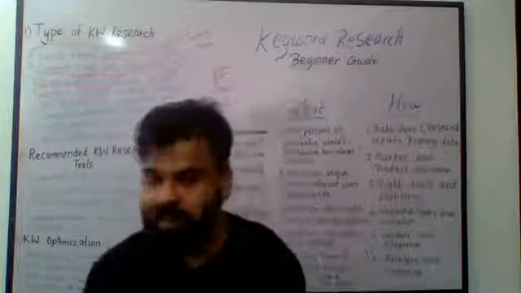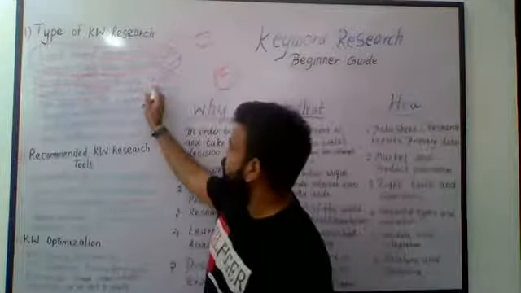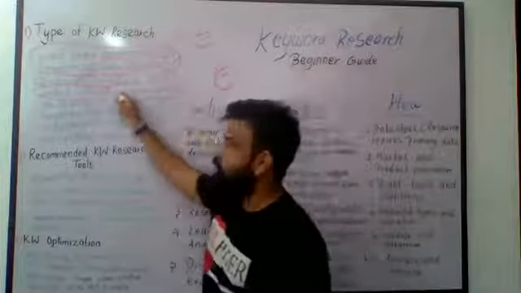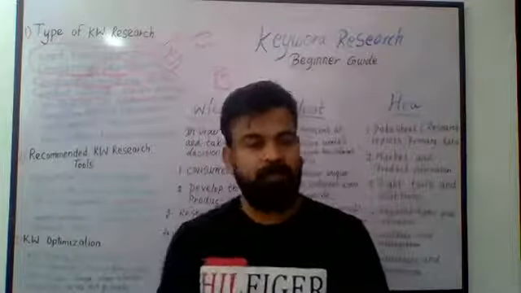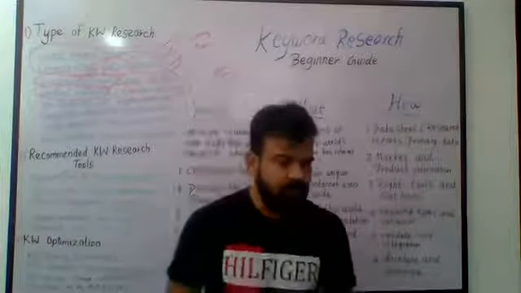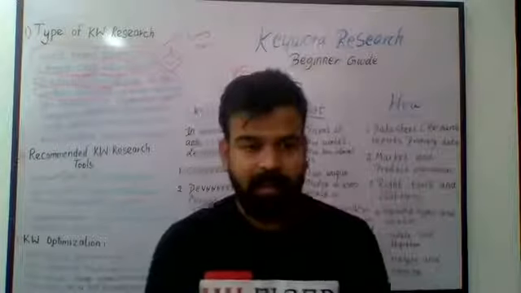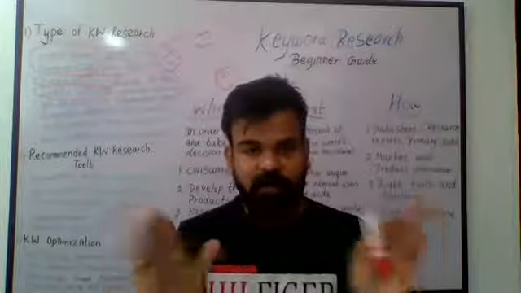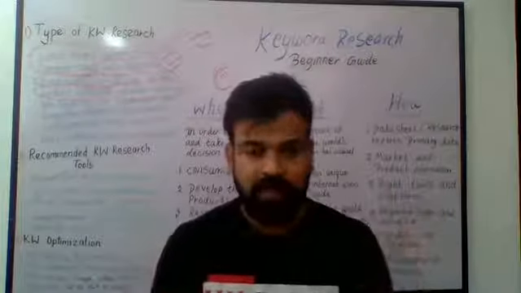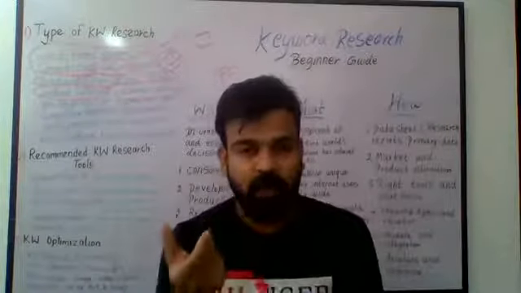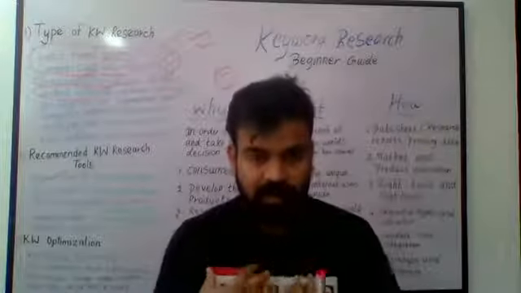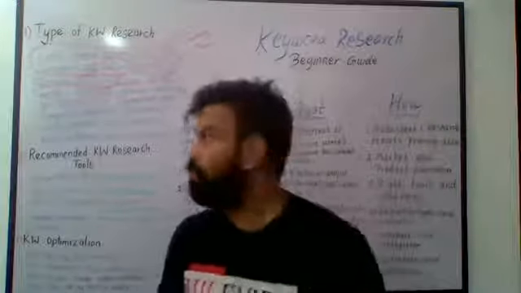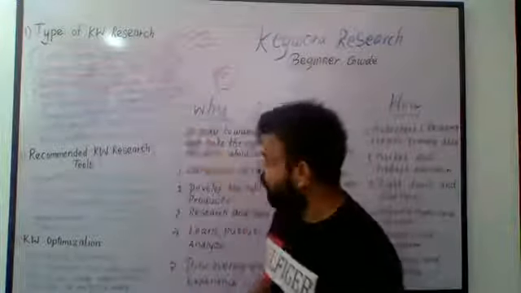This is what we call user defined or customer defined keywords. Another example: audio mic with pop filter. Audio mic is a broad, generic, or maybe commercial keyword, but we are adding an extra word like pop filter, which means this is my requirement. So we call these customer defined keywords.